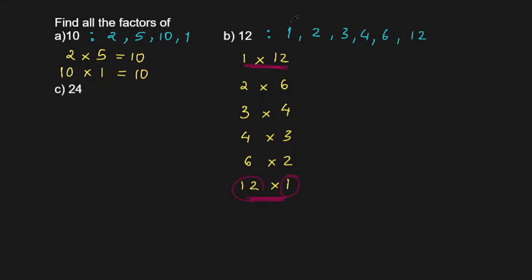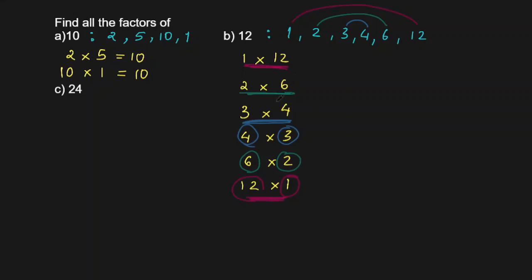If we check the second pair, 2 times 6, then 6 times 2 also gives the same two factors, 2 and 6. And for the last one, 3 times 4, we get 4 times 3, which is right over here.